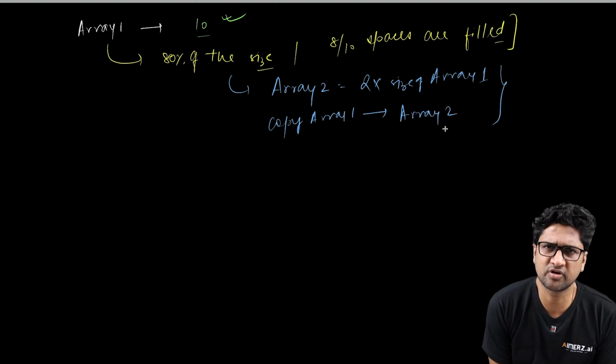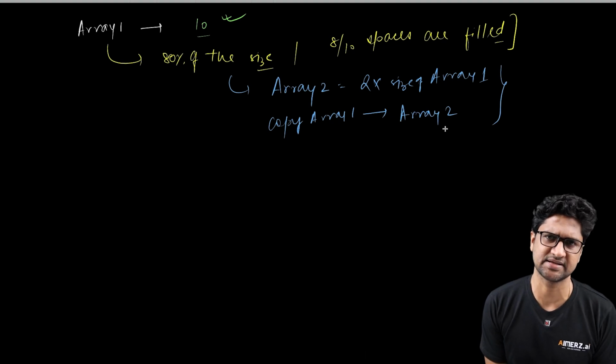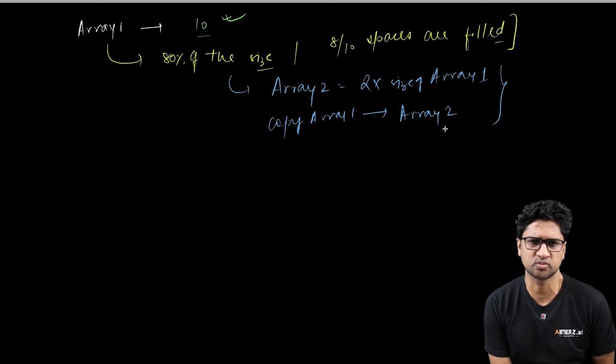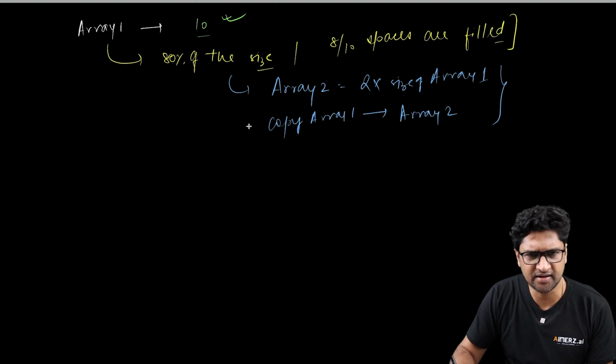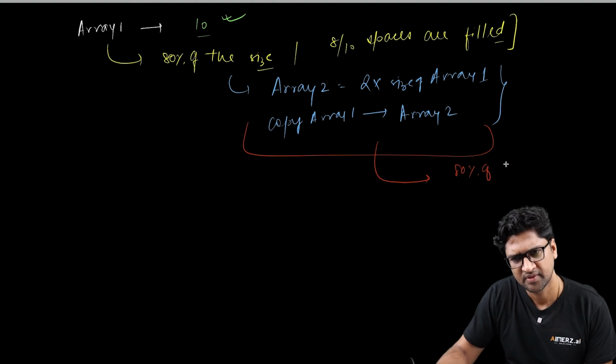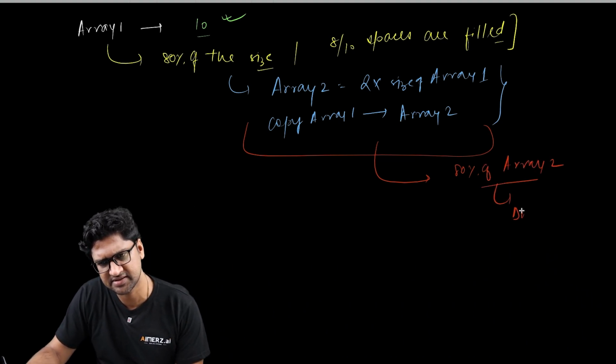What do we do? We first define array 2, which is twice the size of array 1, and then take all the data from array 1 and put it into array 2. That's what we do. And then when this process continues, and you again reach 80% of array 2's capacity, you again have to double the size.